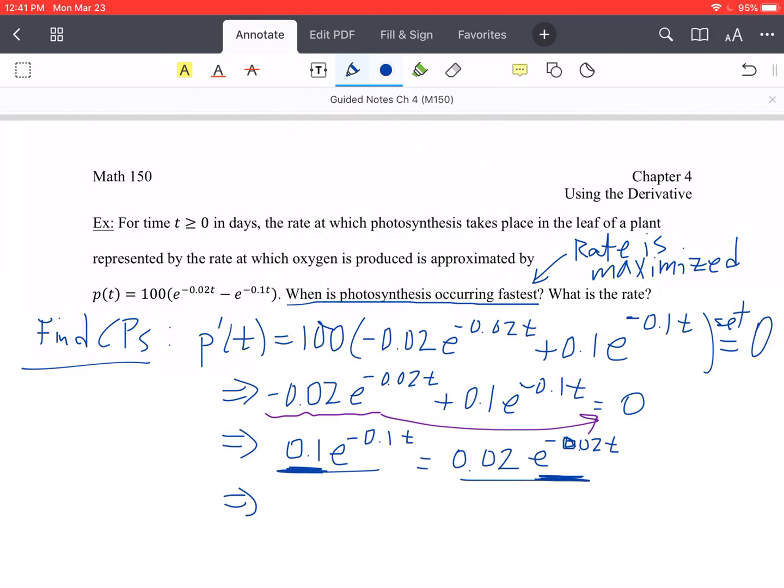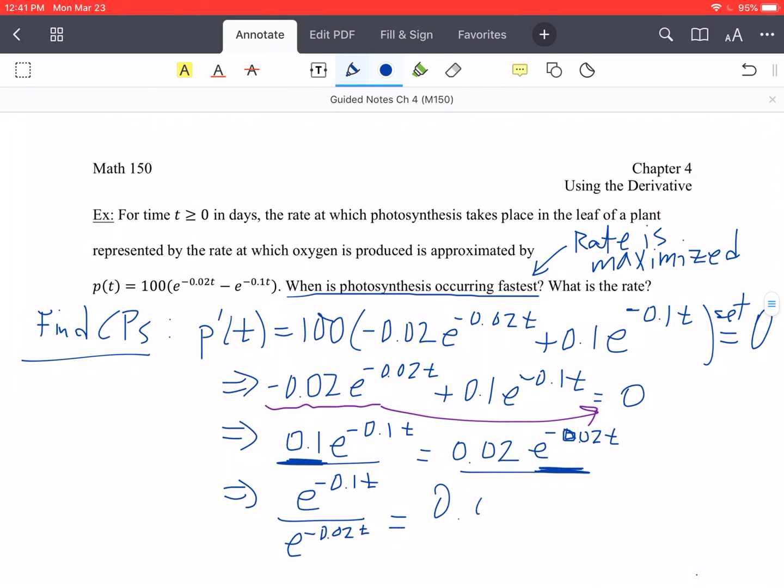Once we have done that, we're left with e to the negative 0.1t over e to the negative 0.02t equals 0.02 over 0.1.